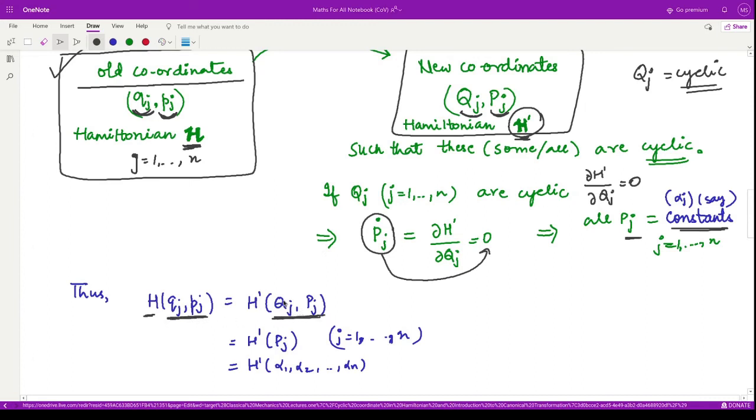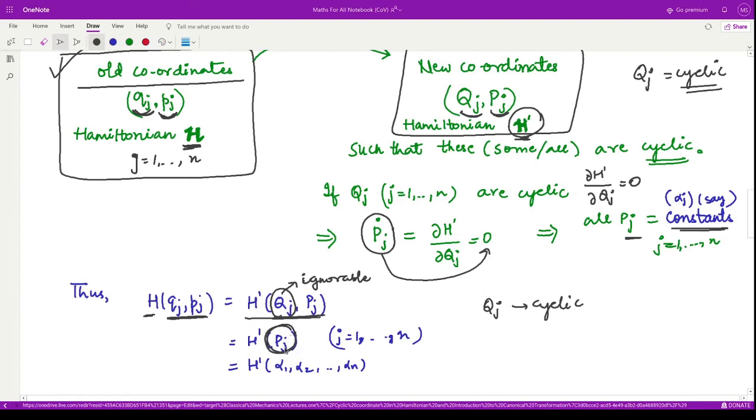And moreover, because in this newer system all qj's are cyclic, these coordinates are ignorable coordinates, right? And we do not find them in the Hamiltonian, where this Hamiltonian is now a function of generalized momenta only.